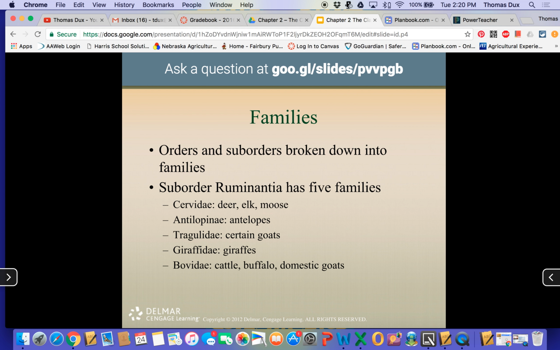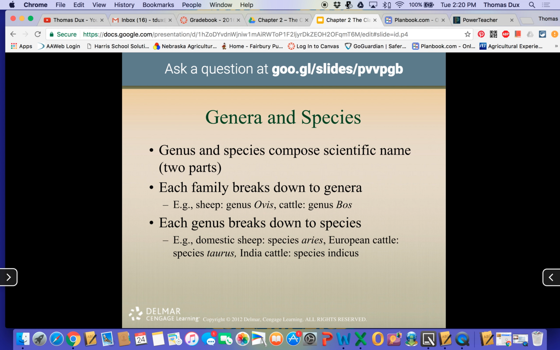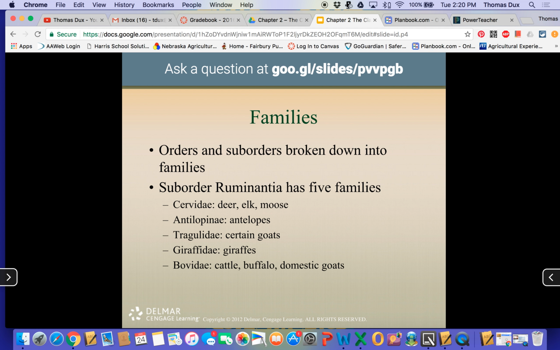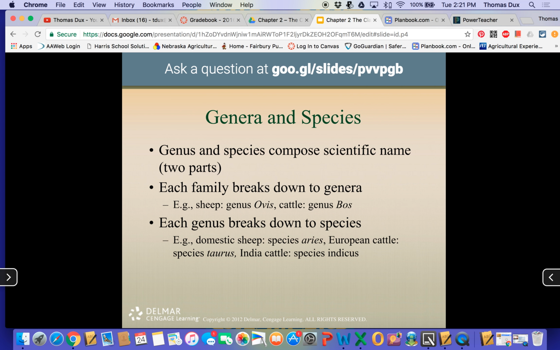Now, would pigs be in the same family as this right here? No, because they're not even in the same order as them because of the stomachs. So now we're breaking these down a little bit more. After the family, you break them down into genus and species.